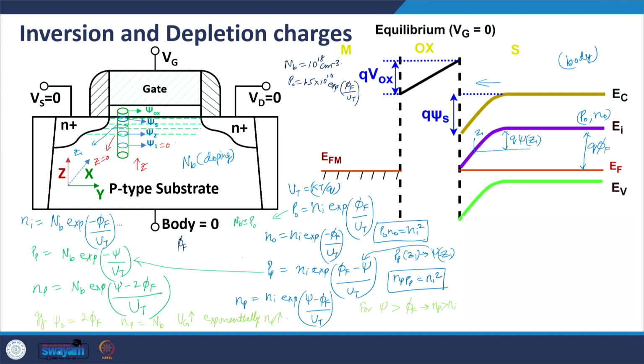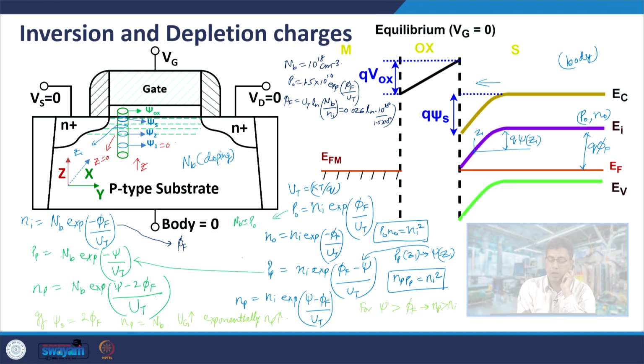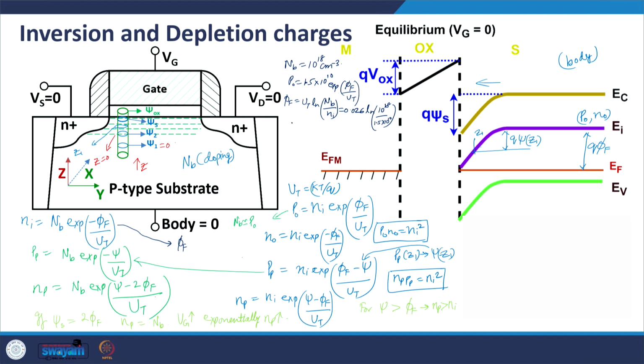You can get phi f from here. Okay. So, phi f is... so how much is that? This turns out to be, in our example, 0.47 volt.